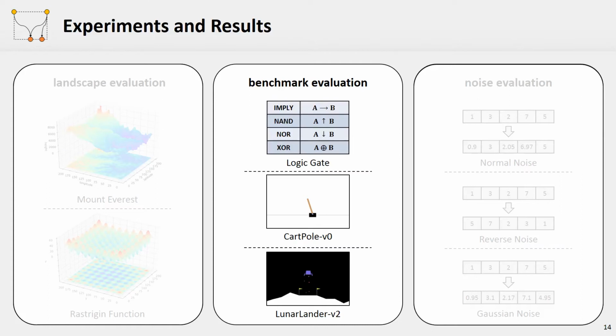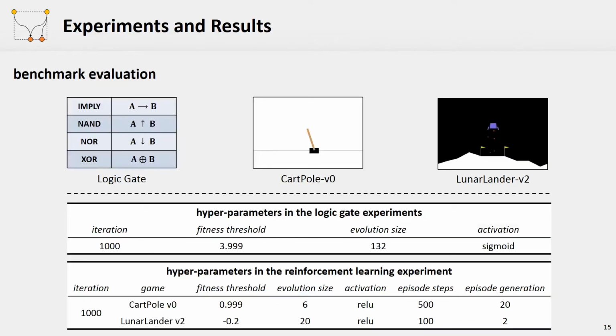In the benchmark evaluation, we see 3 environments: Logic Gene, Cartpole version 0, and Lunar Lander version 2. Logic genes are the basic environments for evaluating the learning ability of neural networks. Cartpole version 0 is a classic environment of reinforcement learning.